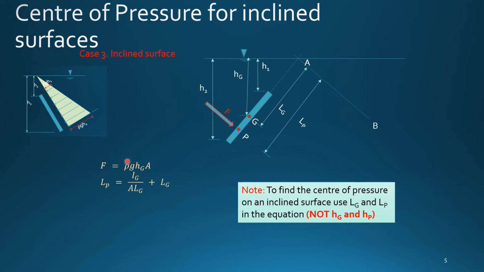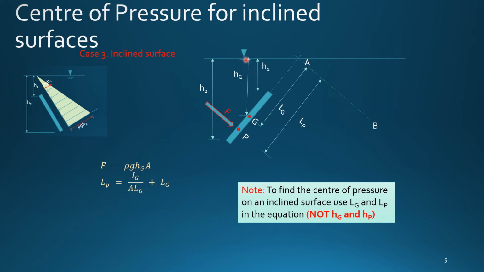The force is the same, right? Rho g times Hg times area. Hg is the vertical distance to the centroid. In terms of force, there is no difference, but when you calculate the center of pressure, we need to calculate LP and LG.